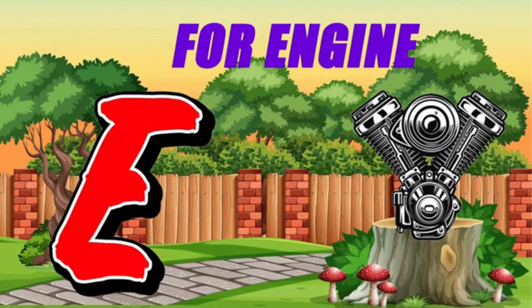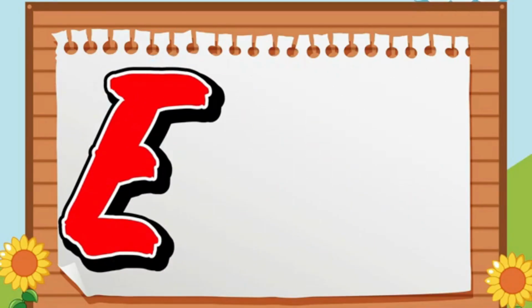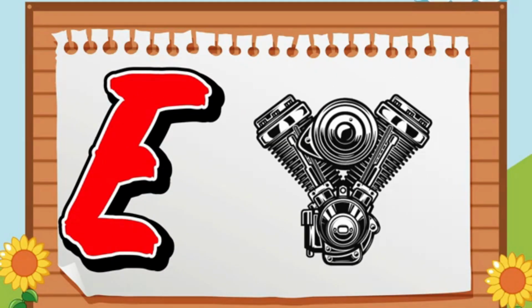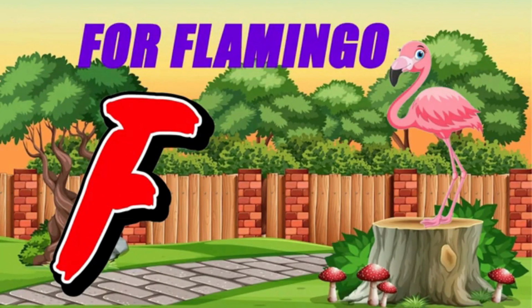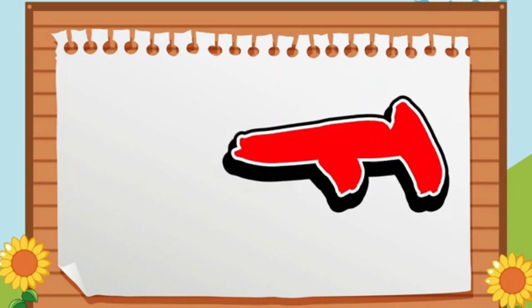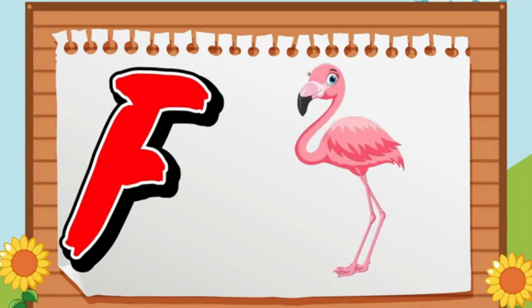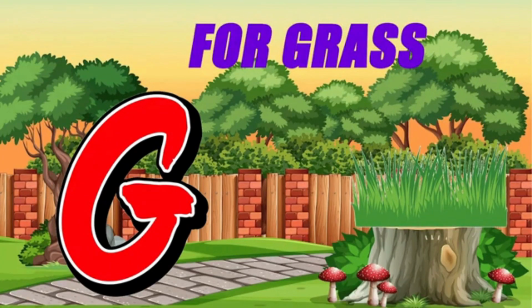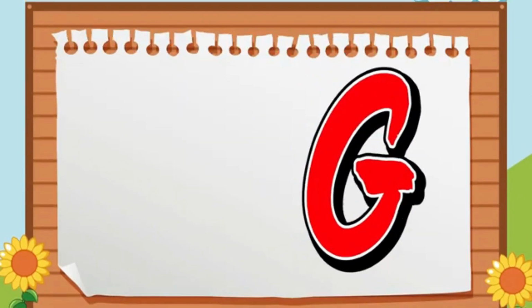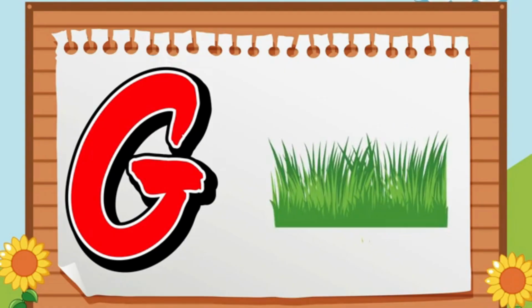E for engine. Engine. F for flamingo. Flamingo. G for grass. Grass.